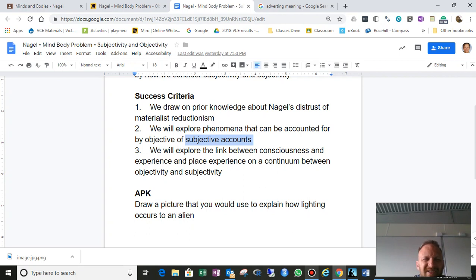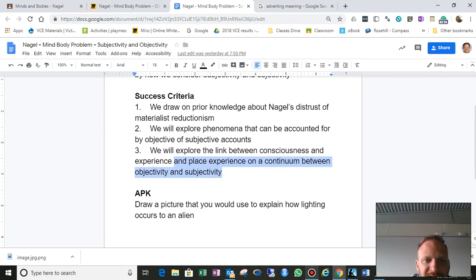So there might be a slight argument for the fact that your point of view is created by given material brain states, but overall it is a very, very subjective phenomenon and really requires a subjective account. It can only really be explained over there on the subjective side of the pole, and that's because it's an inward experience. It's not external to us like lightning, okay?